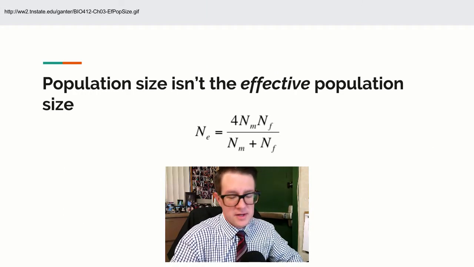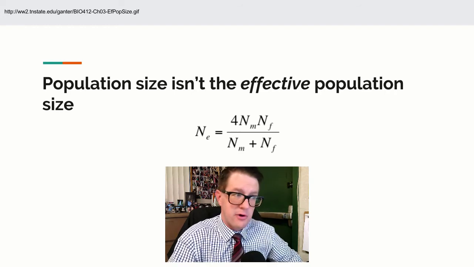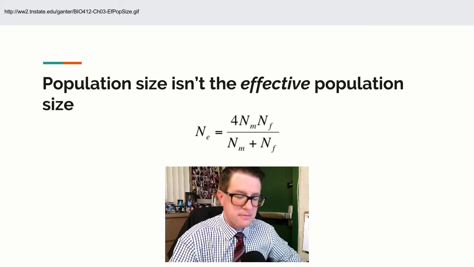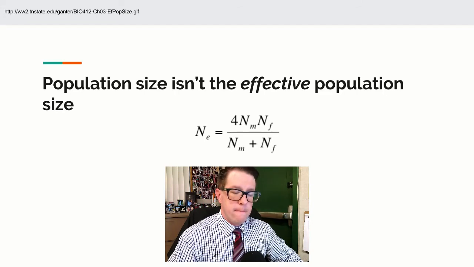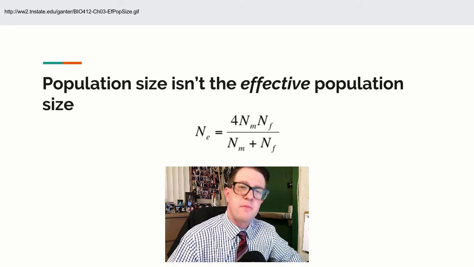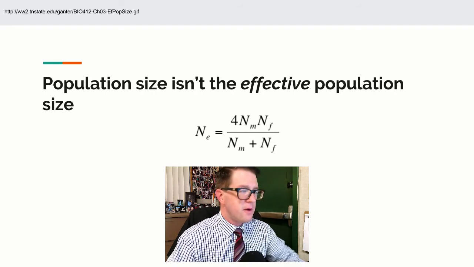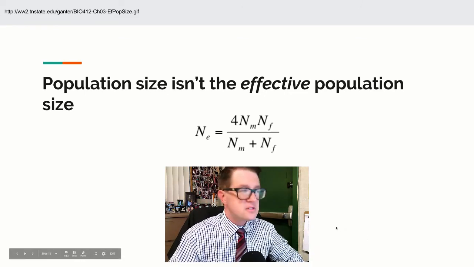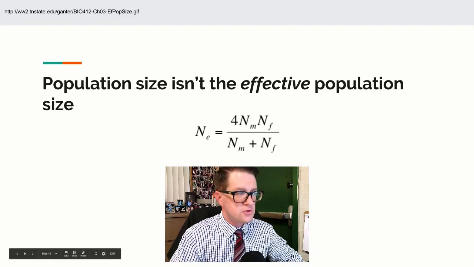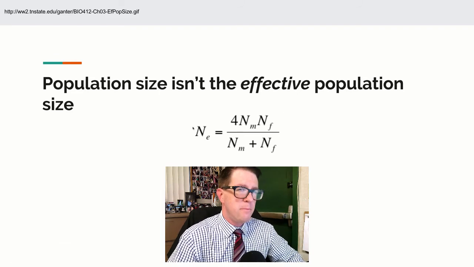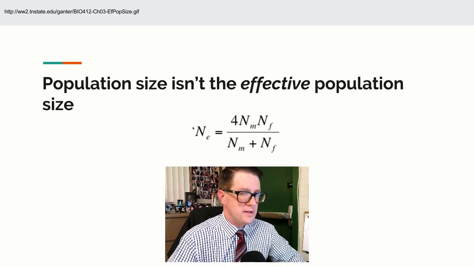When we look at populations, it doesn't matter if it's a predator-prey version or any other type. There's a different type of population number that people look at, and it's referred to as the effective population size. The effective population size, which is this formula up on the screen, tells you how big the population really is.